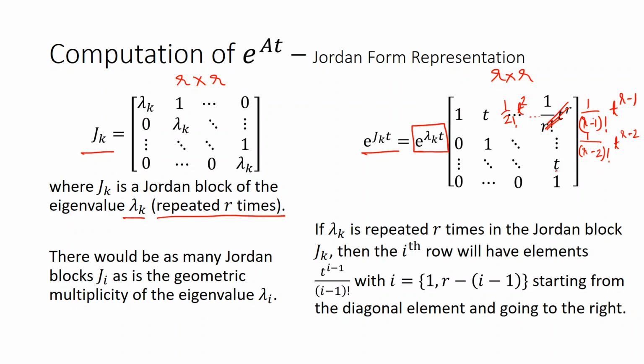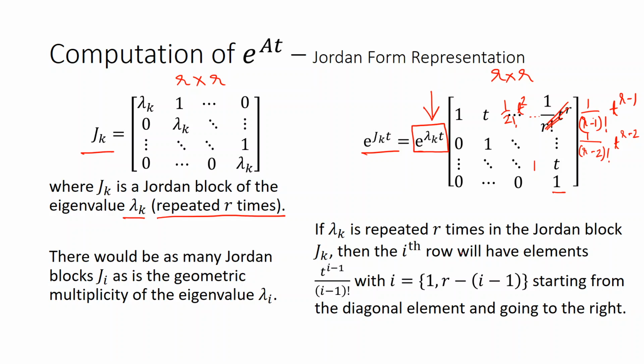So at the last but one row, you have 1 and t as the last entry, and all the others are zeros, and in the last row all are zeros except the last being 1. So this is the matrix. Remember that e to the power of lambda k t has been taken out, which means it is getting multiplied with all these elements.